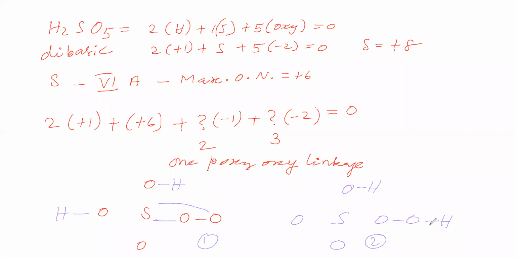For this oxygen, 2 bonds are over. For this oxygen, 2 bonds: one bond is here, another bond is here. So it is not a triangle. Therefore, which do you expect is correct, 1 or 2?